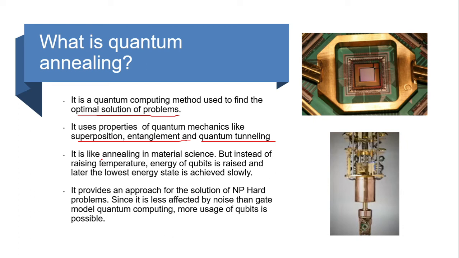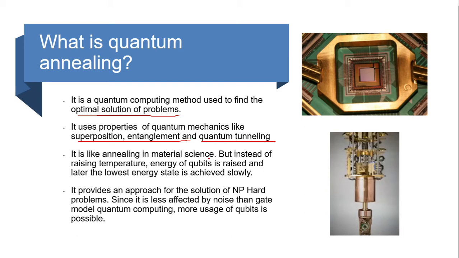Why is it called annealing? It's a word from material science. People who work on materials and mechanical engineering know that annealing is a process which helps improve the ductility of the material and relieve stress in some cases. There we raise the temperature of the material and then allow it to cool naturally.